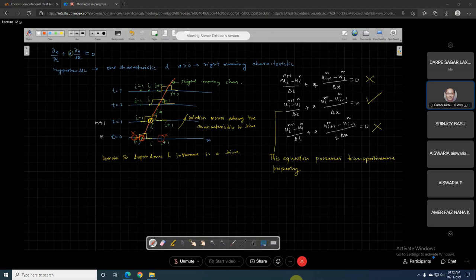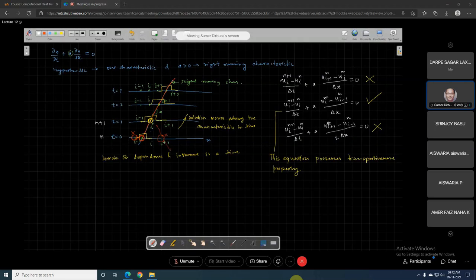Now suppose this a is less than 0, then rather than right running characteristics, it will be left running characteristics, going from right to left. In that case, the forward difference expression will be a proper choice rather than backward difference.